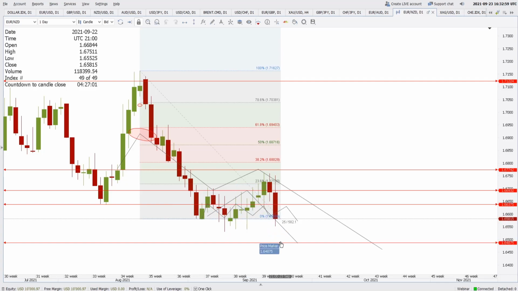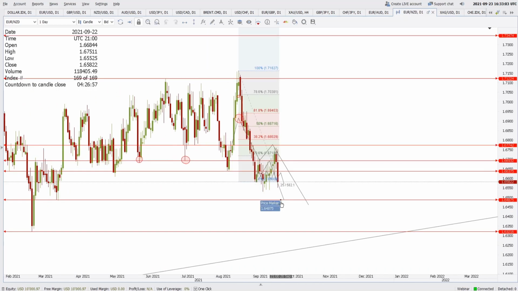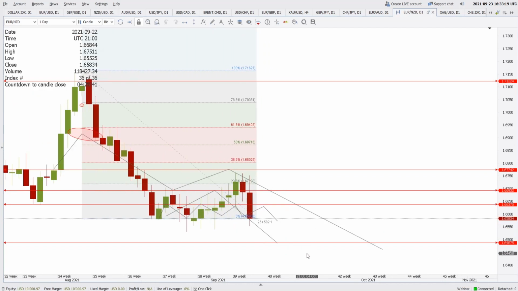That means 1.6487 is definitely there on the charts, and even after that, if we see a close below that, then 1.6321 is also possible, which is the ultimate target that we had from 1.7122 to this downside. So it still makes some sense to us. 1.6321 is what we are looking for. But right now the price is trading at 1.6583, so the immediate resistance is at around 1.6637 and the immediate support is at around 1.6487 levels.